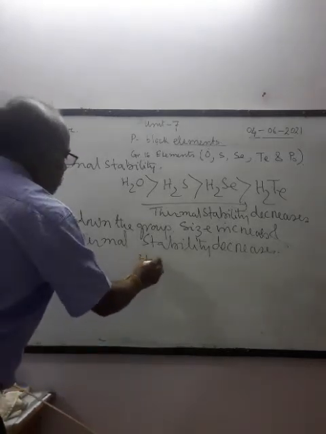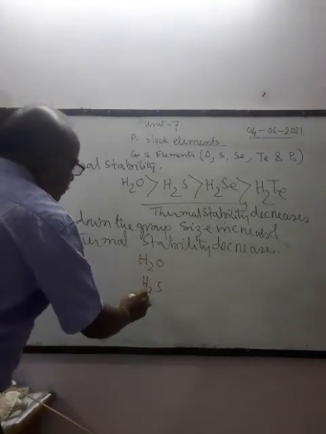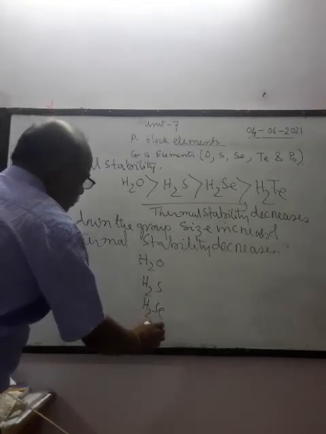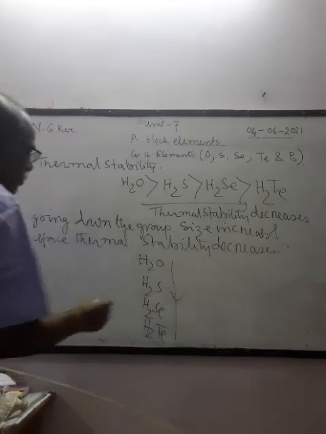So as we go down the group, size of the central atom increases, so thermal stability decreases.